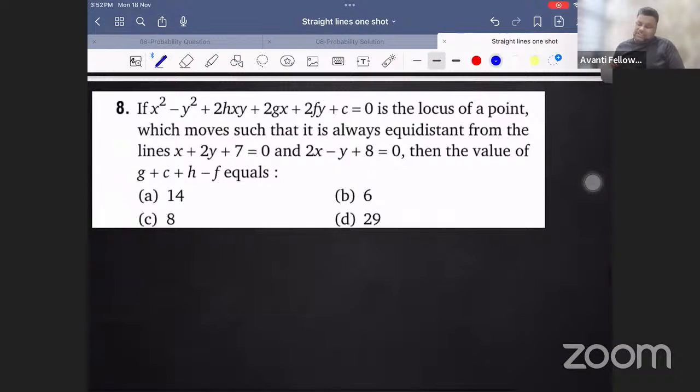Now, this simple question it is. Go with this one. If this line is the locus of a point which moves such that it is always equidistant from the line this and this, then the value of this. Yes, give it a try.